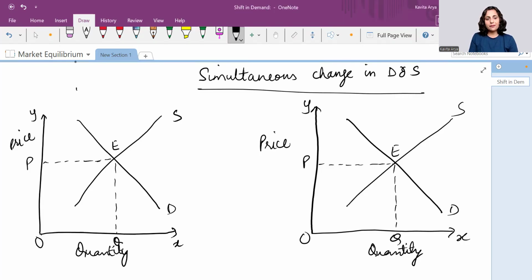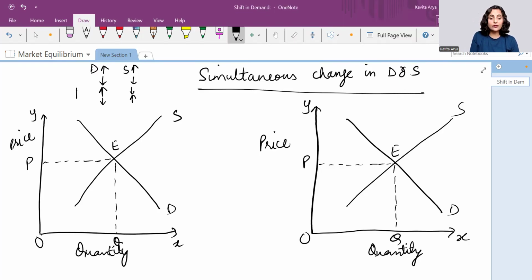When we talk about changes in demand and supply, what can be the probable possibilities? Both can show an increase, both can show a decrease, one can increase and the other decrease, and this can show decrease and this can show increase.